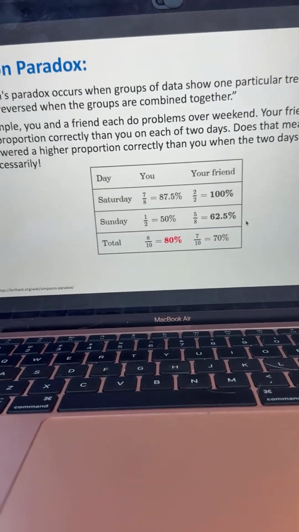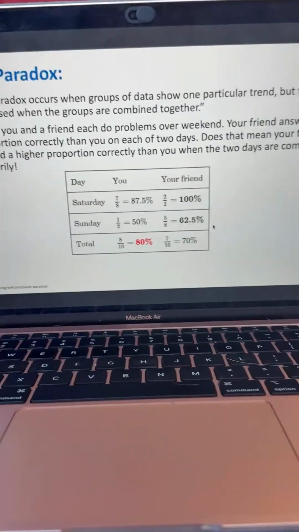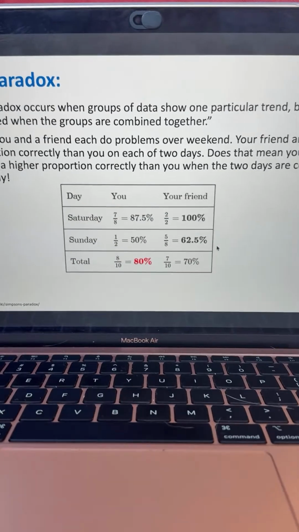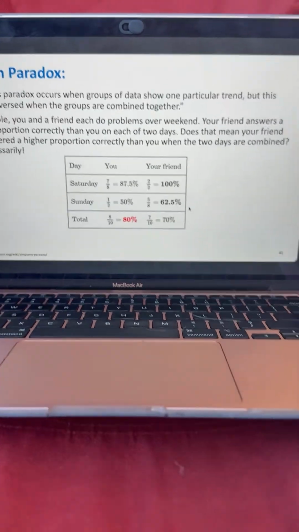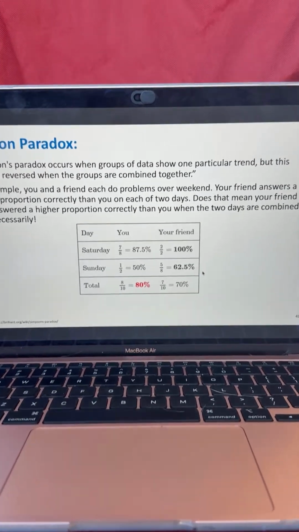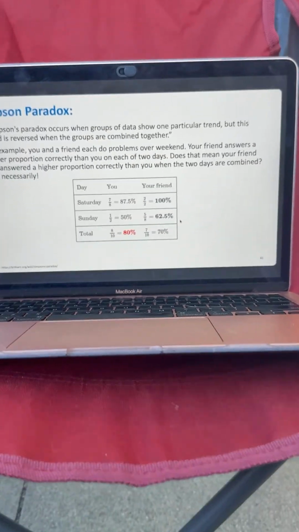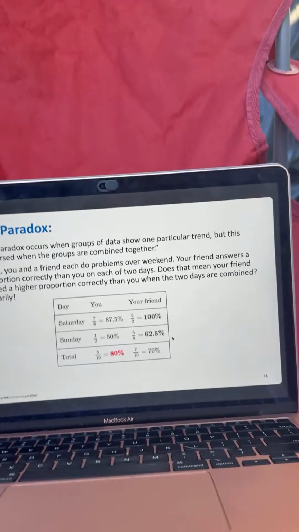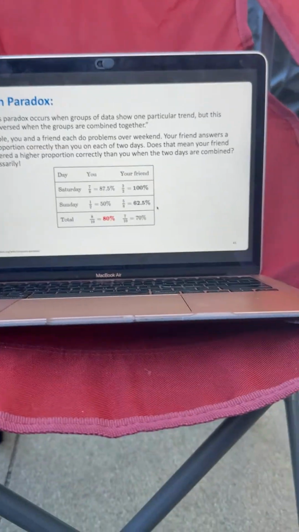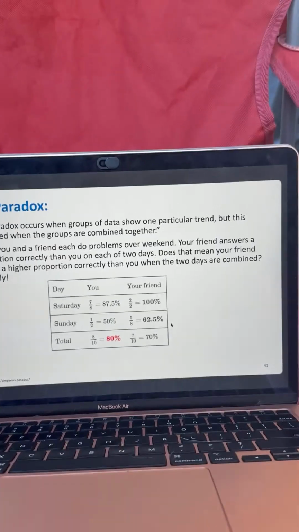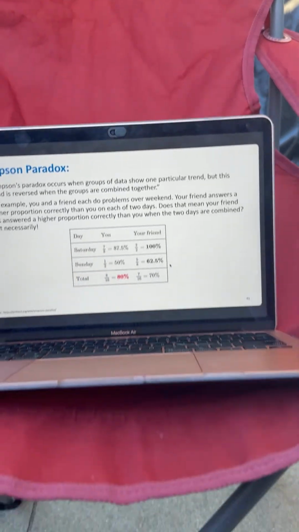So Simpson's paradox occurs when groups of data show one particular trend, but this trend is reversed when the groups are combined together. For example, you and a friend each do problems over a weekend. Your friend answers a higher proportion correctly than you on each of 2 days.